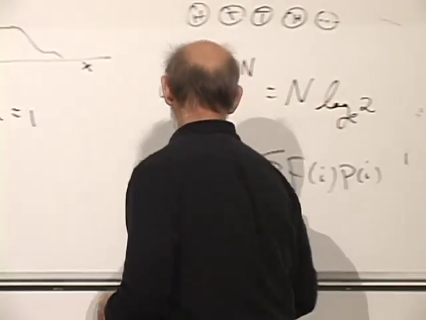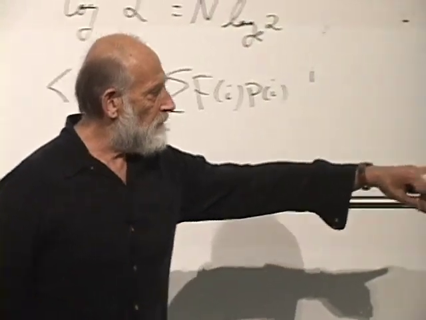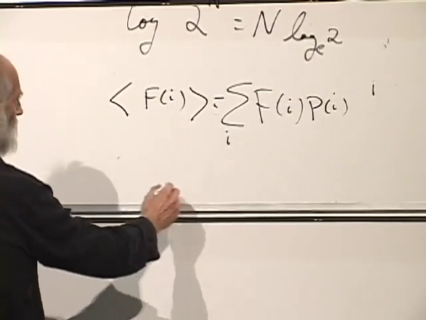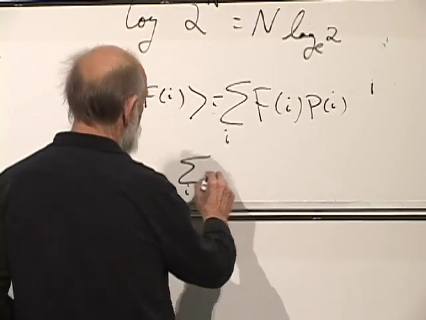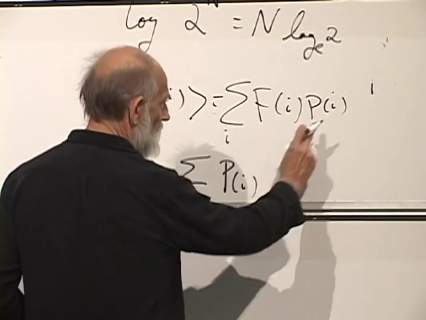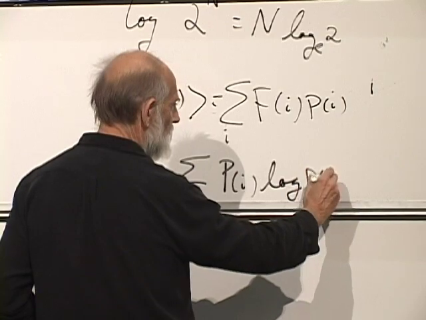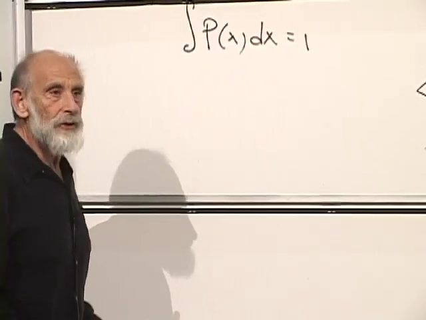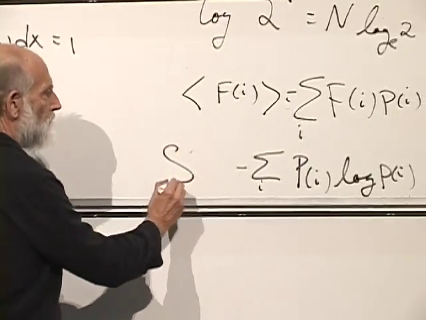For f of I, we just substitute minus log p sub I. So it's just the summation over I of minus p sub I times the log of p sub I. This is the final definition of entropy.